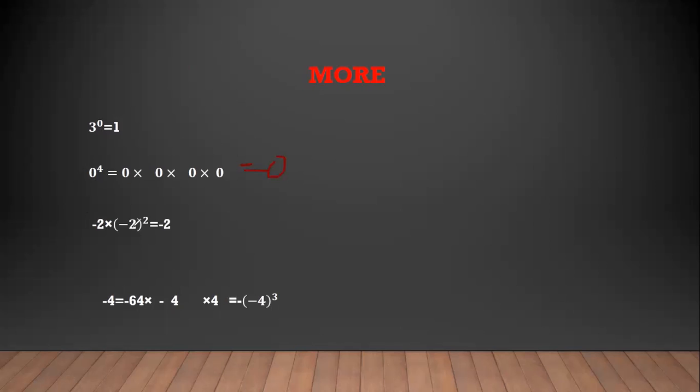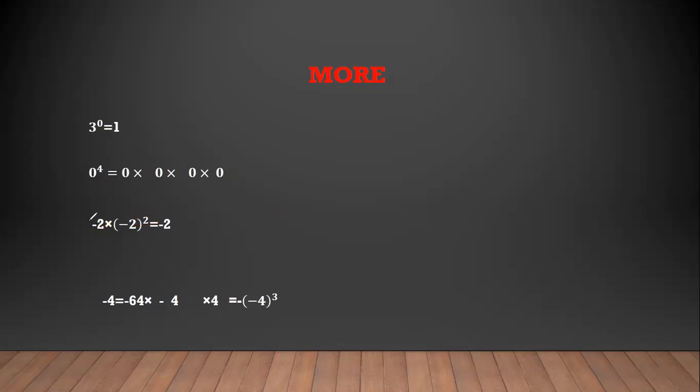Negative 2 power of 2. When we have an even power, we will get a positive number. Negative 2 power of 2 is equal to 2 times 2, which is 4.